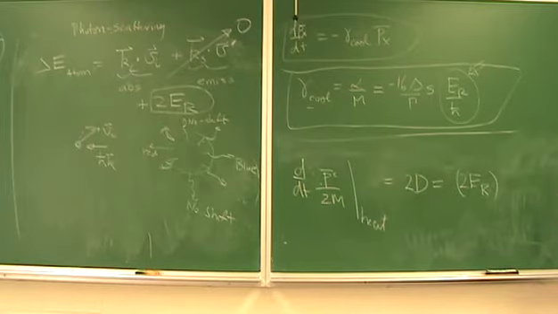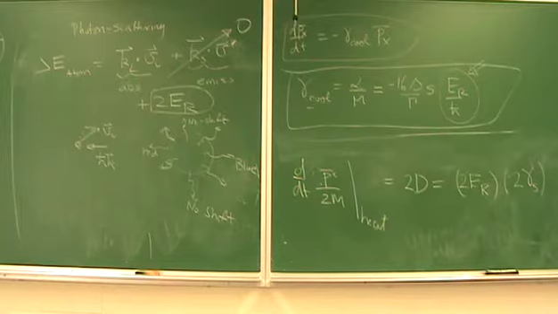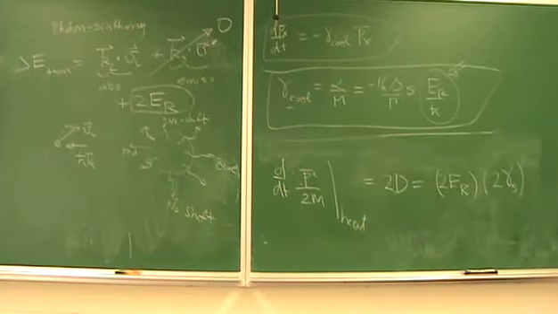And in this case, I have two beams. We're ignoring the small modulation due to the standing wave, and that's equal to twice the scattering rate. And the scattering rate is given by the saturation parameter S over 2 times gamma for S small compared to 1, which we assumed to begin with.